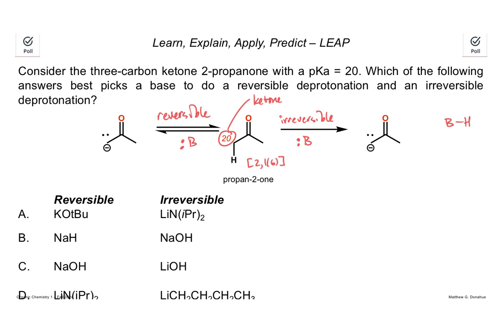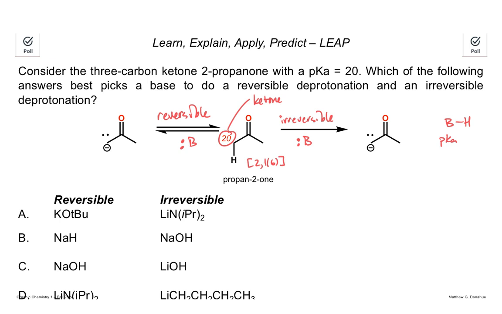Then over here we have the conjugate acid of that base. The pKa of that must be greater than 5, but ideally much greater than 5. And then for the reversible case, it can be around 20, or within that 5 or less pKa region.